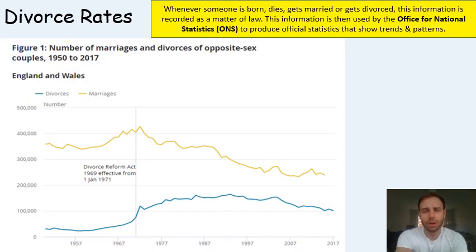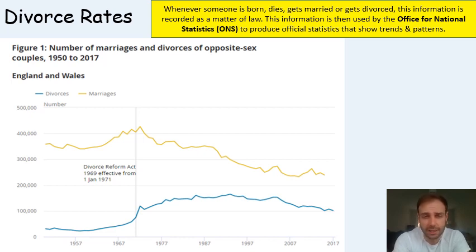So an example of statistics which are official and produced by the government is divorce rates. Now, I'm not sure how clearly you can see the yellow line on here, but what this graph shows you is that the blue line is the rate of divorce in the United Kingdom from 1950 to 2017.